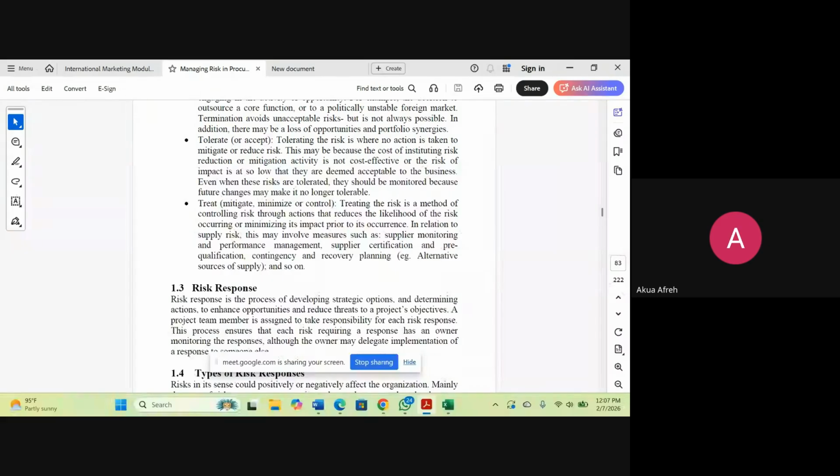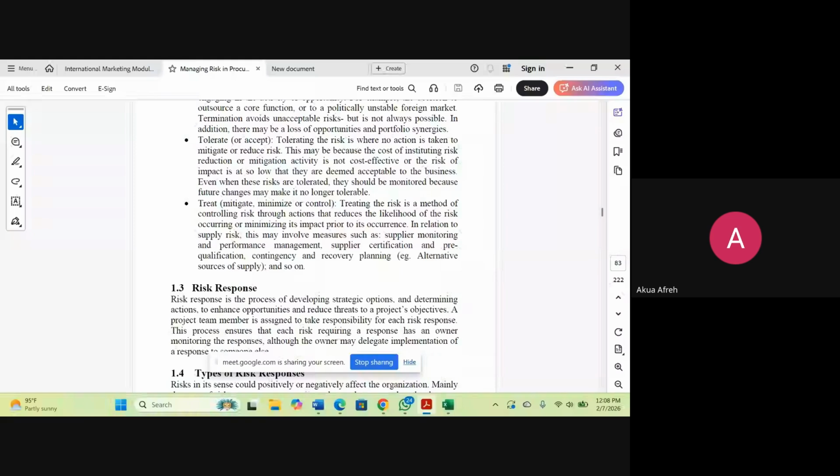This is either because the mitigation cost is very high and probably not cost effective, or the impact is very low and acceptable, something that you can accept. So you just would want to ignore such a type of risk. However, in tolerating the risk, we still need to monitor these risks.